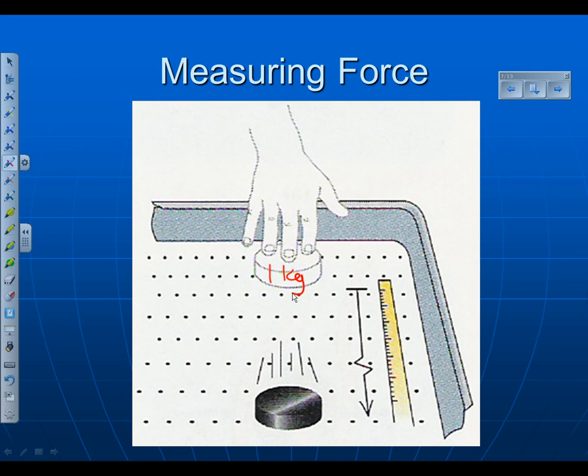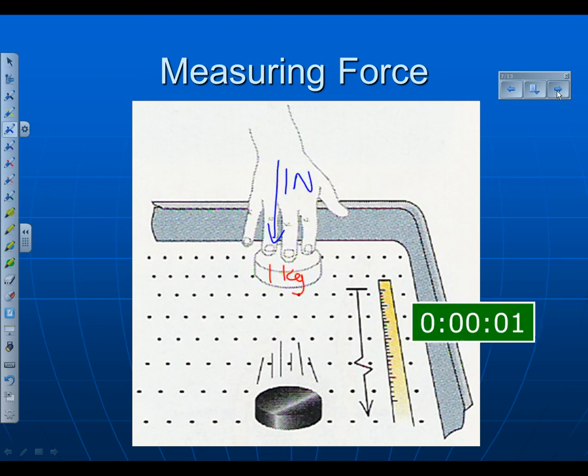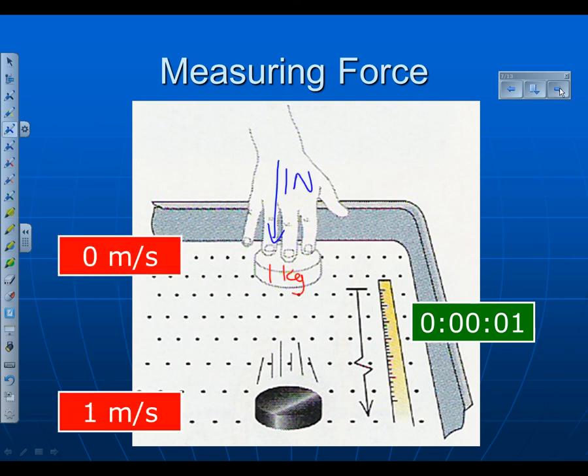It's on an air hockey table, so it doesn't have any friction, and this hand applies a force of 1 Newton. 1 kilogram of mass, 1 Newton of force. If 1 second goes by, the velocity of this object is going to change by 1 meter per second. So if it was at rest, after 1 second it's going to be going 1 meter per second. Does that make sense?